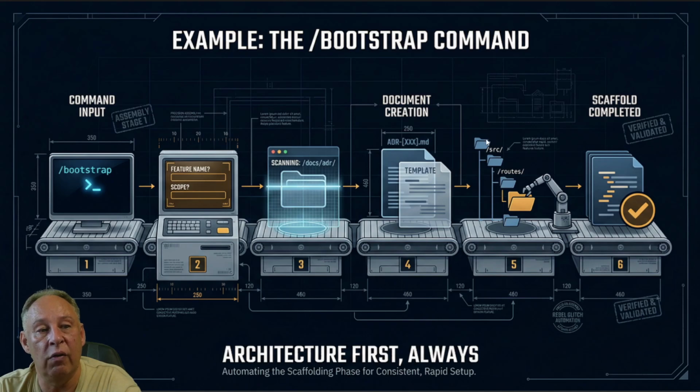Then it will go into your file structure and create a directory for the new feature and subdirectories if required. If it's not database related, there won't be a database subdirectory. If there's no APIs, there won't be API subdirectories. And there's your scaffolding complete.